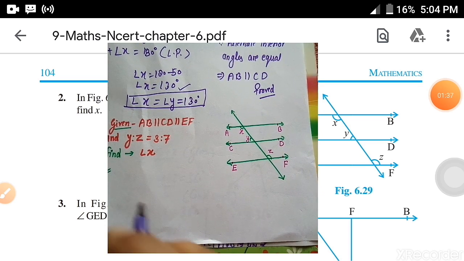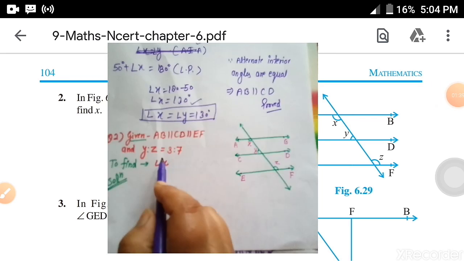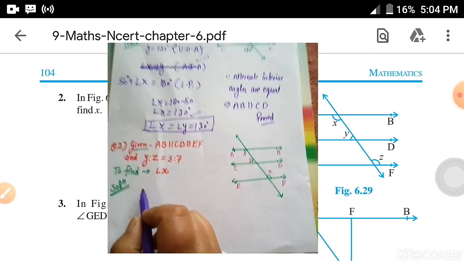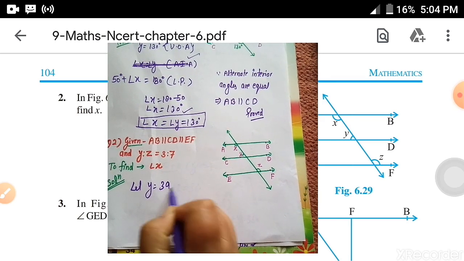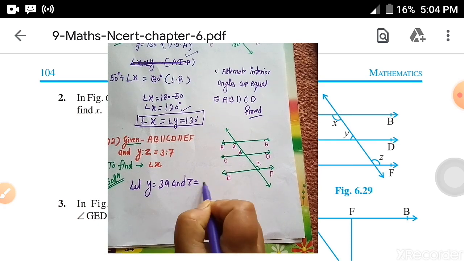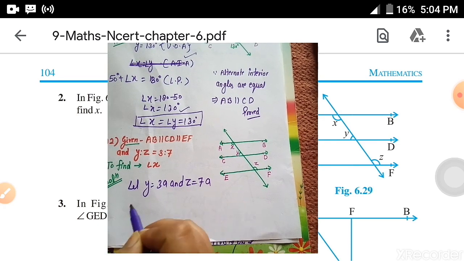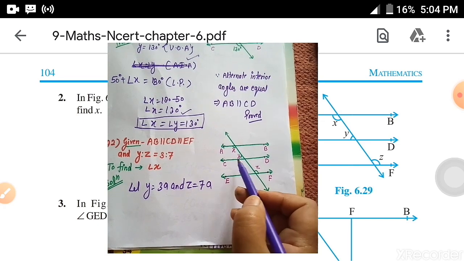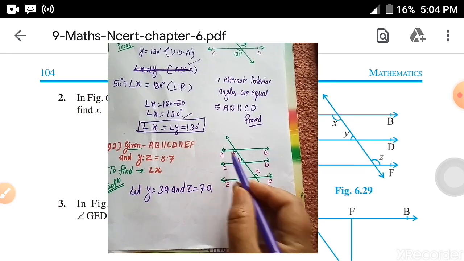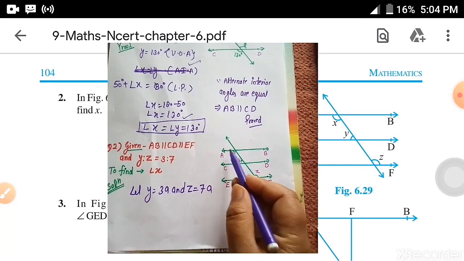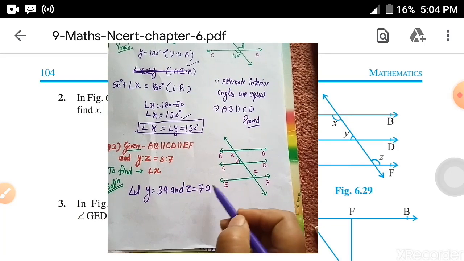First we will see that the value of Y and Z is given in ratio, so we will write let Y is equal to 3a and Z is equal to 7a. Now you can see that these three lines are parallel to each other, then X and Z are equal to each other, because these are alternate interior angles, because AB is parallel to EF also.